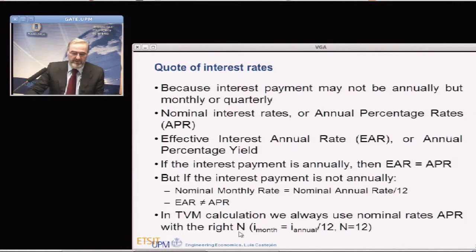So for example, in 5 years, if our calculation is going to be done with the monthly nominal interest rate, we will use the number of months, n equal to 12 months times 5 years, so 60 periods of time. What interest rate are we going to use? The monthly nominal interest rate, which is the annual percentage rate, the nominal one, divided by 12.